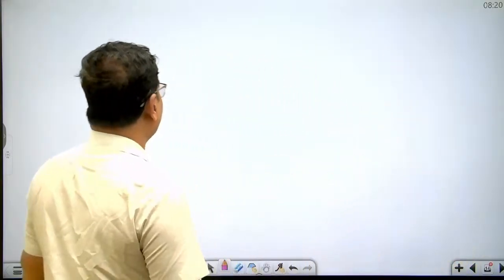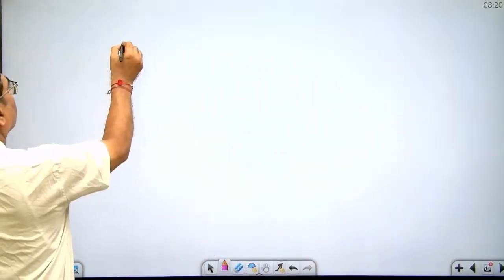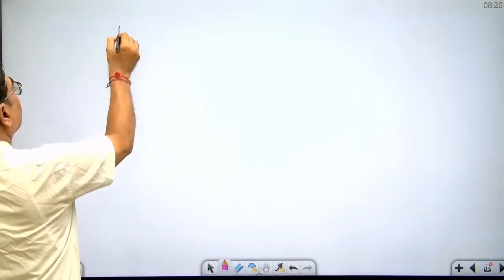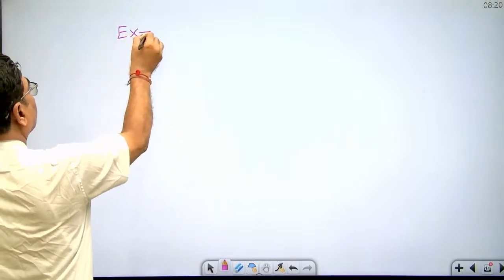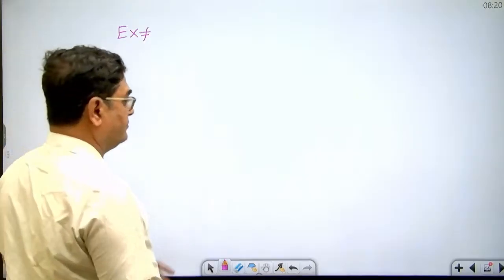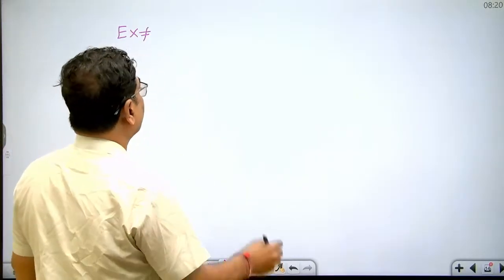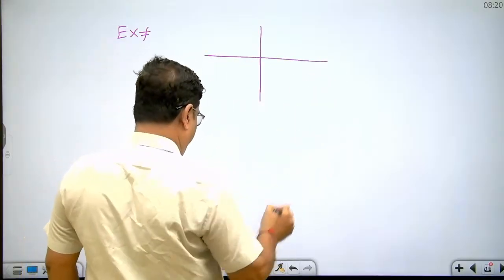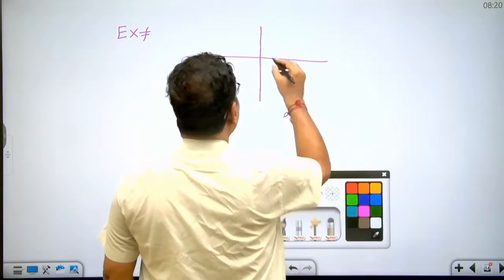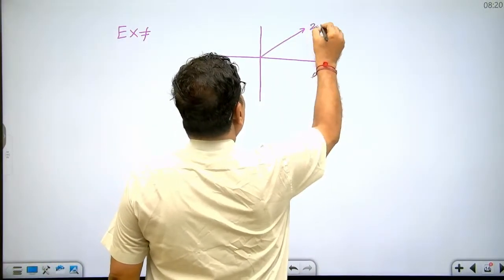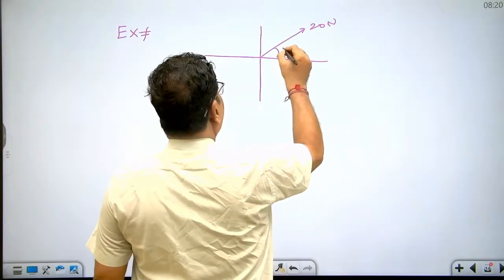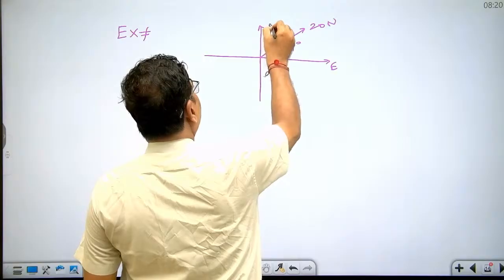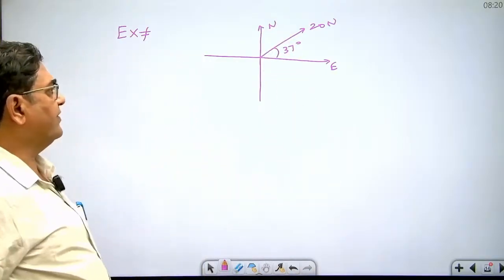Now let's see one more illustration. A force of 20 Newton is acting at an angle 37 degree with the east direction. Then find the equation of the unit vector.